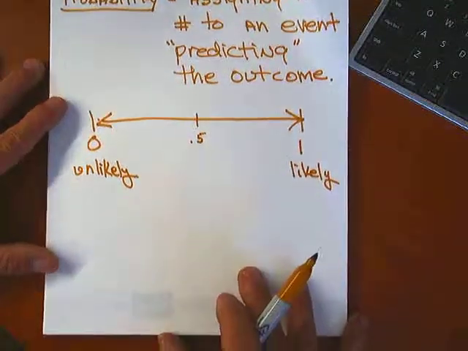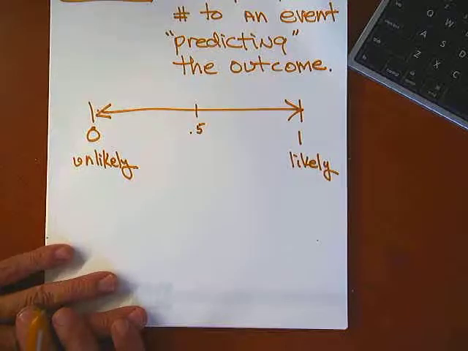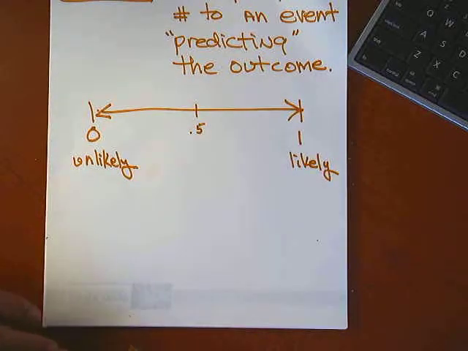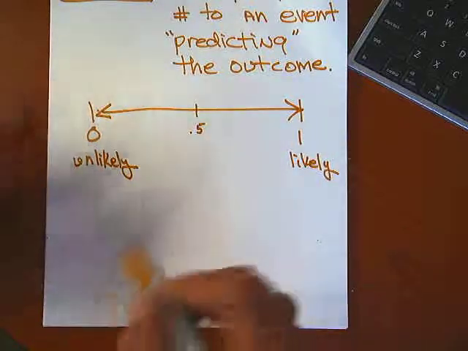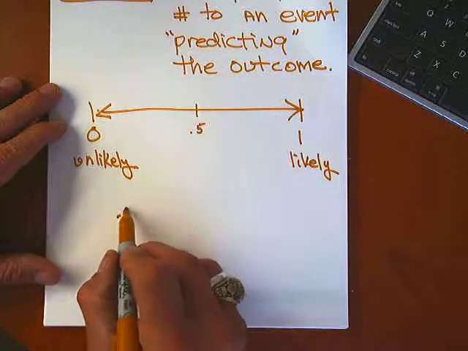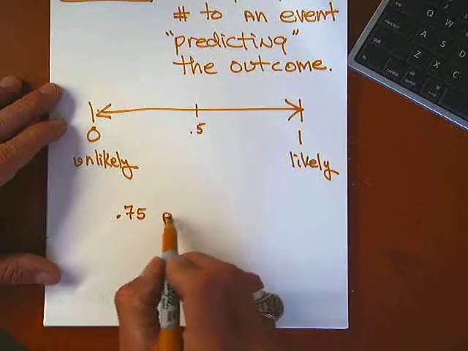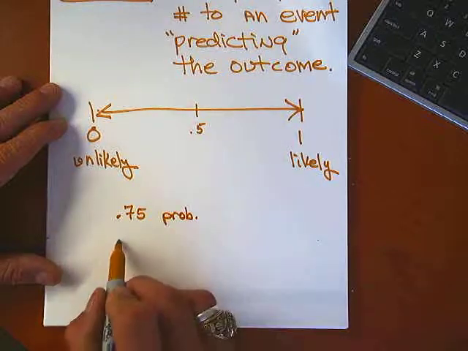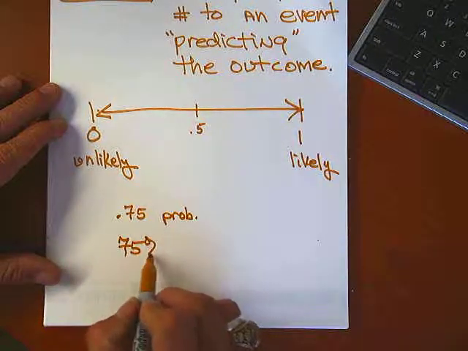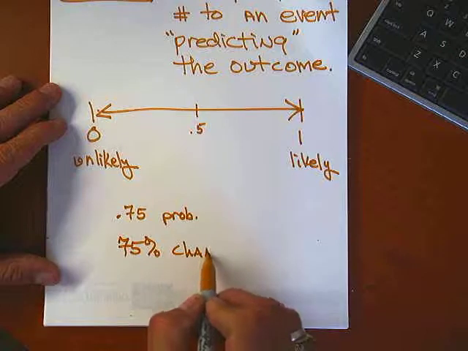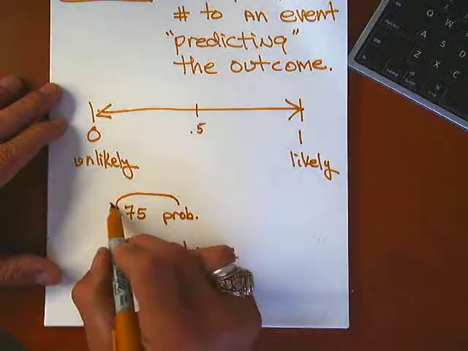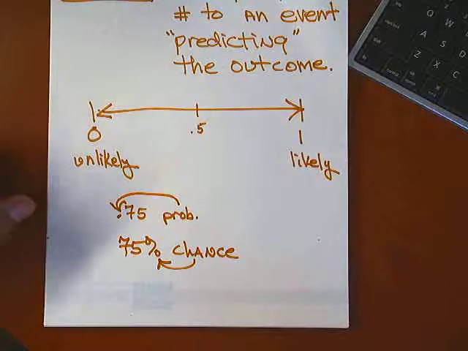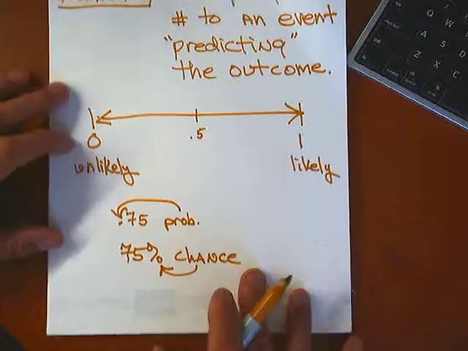Usually you don't see percentages in probability, you see decimals. If you want to say there's a probability of 0.75, you say it's a 0.75 probability, or a 75% chance. Usually chance goes with percent, probability goes with the decimal.